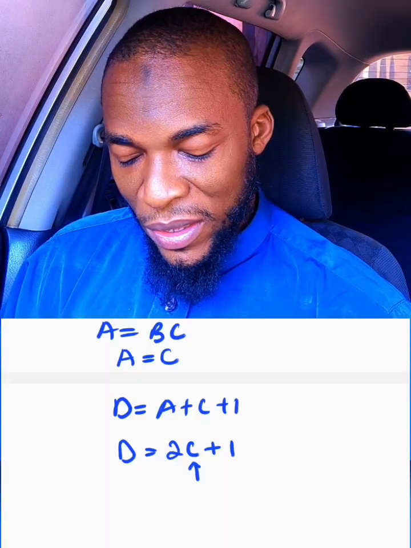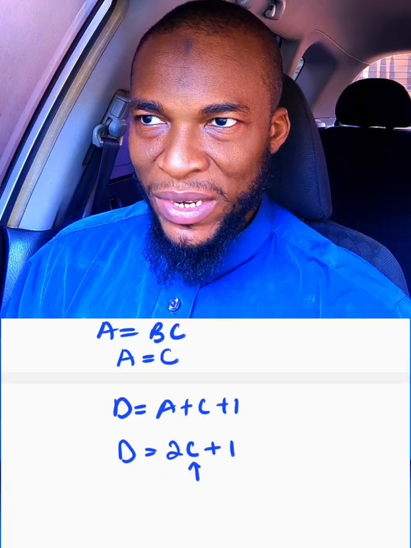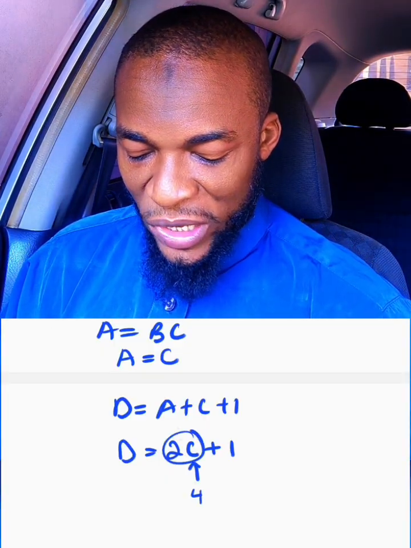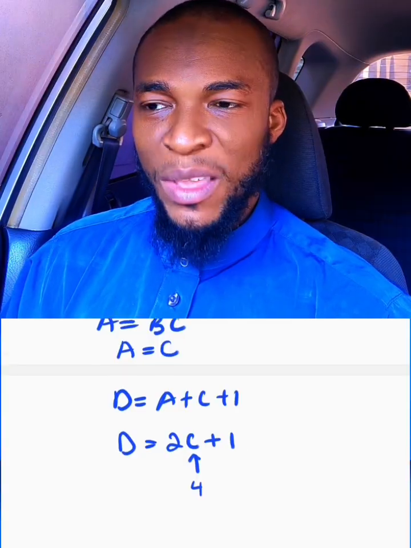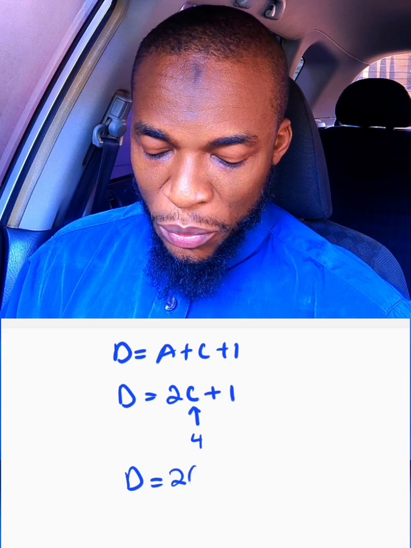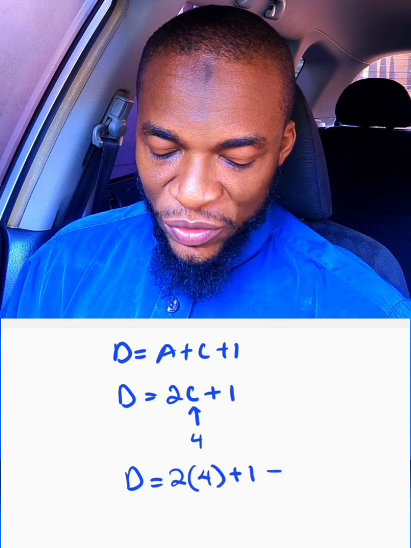What if C is 2? C cannot be 2 because 2 is not a perfect square number. The next perfect square number is 4. If C is equal to 4, we have 4 times 2 here, which is 8, and 8 plus 1 is 9, and 9 is a perfect square number. Therefore, D is equal to 2 multiplied by 4 plus 1, which is equal to 9.